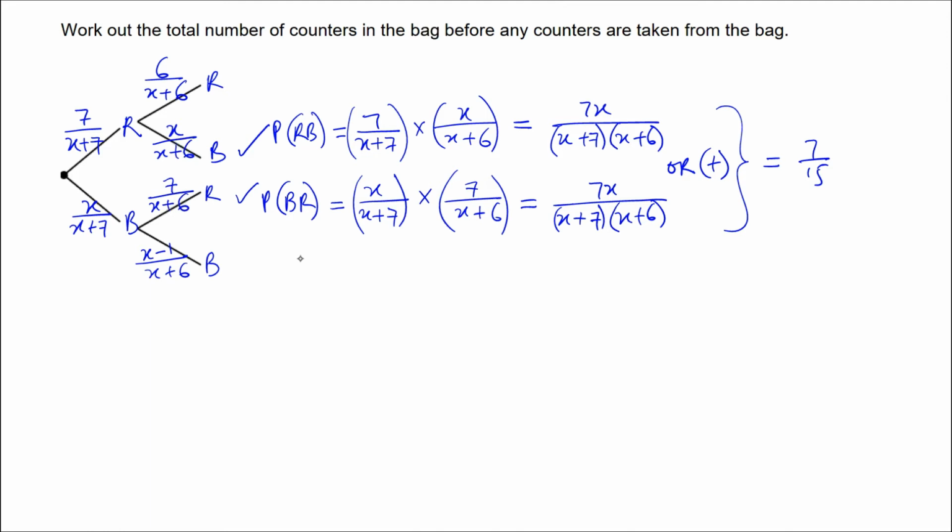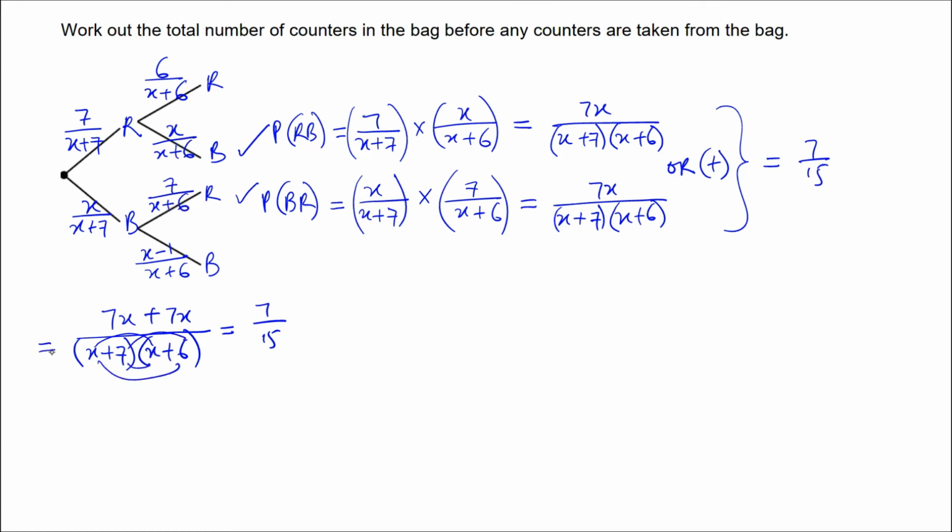If you add these two, because they have the same denominator, we can add the numerators. So we'll have 7x plus 7x over x plus 7 multiplied by x plus 6, and that should be equal to 7 over 15. We add the numerators and multiply out the denominators, just FOIL them.